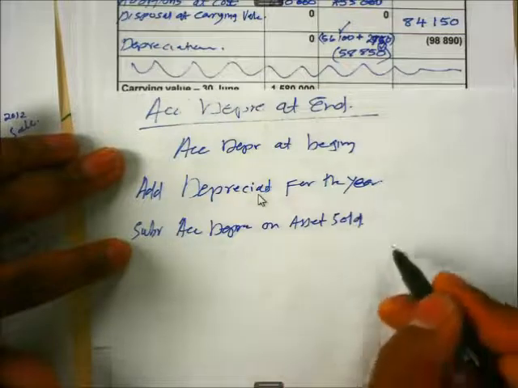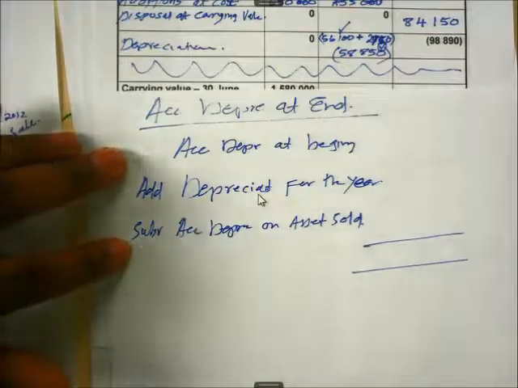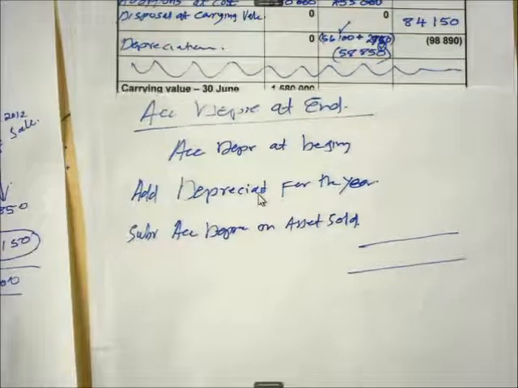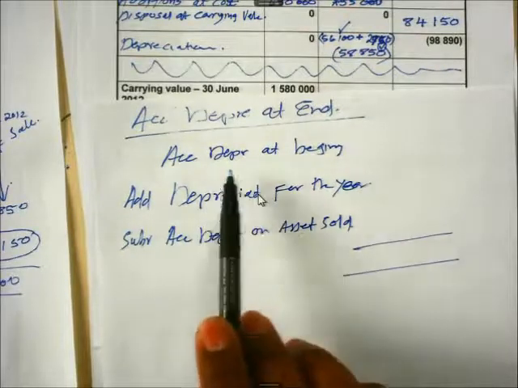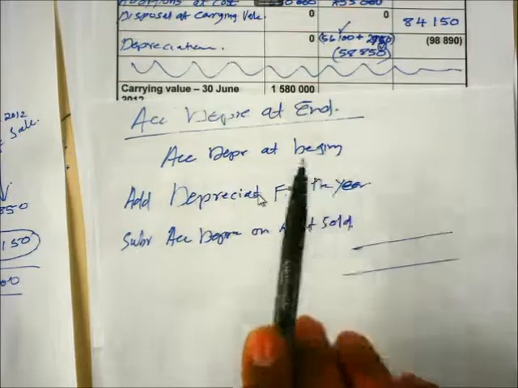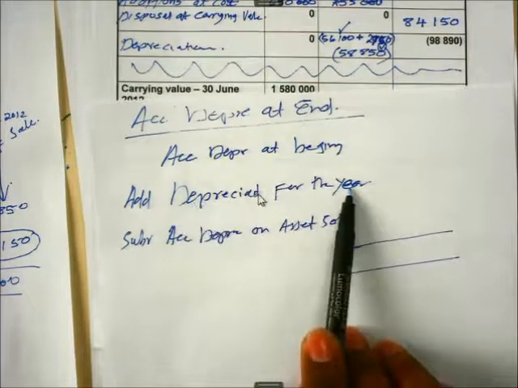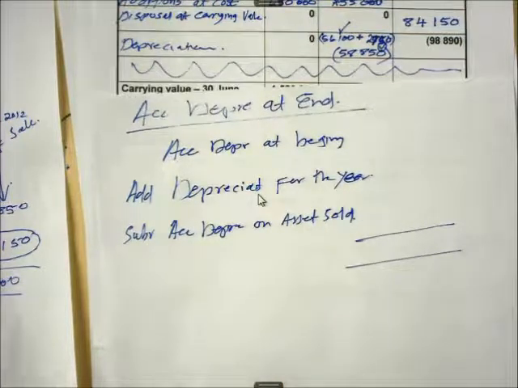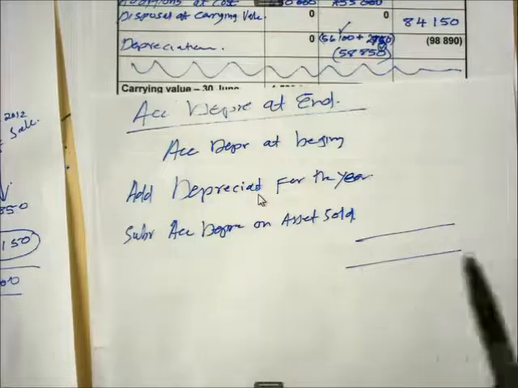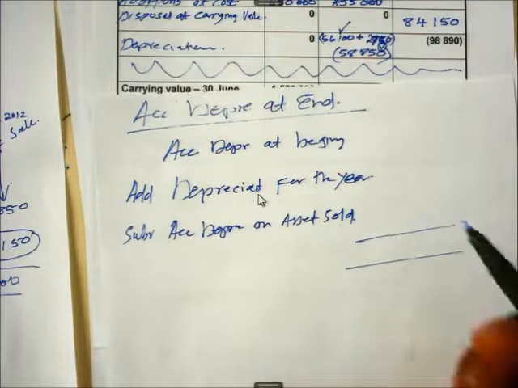This will give you your accumulated depreciation at the end of the year. Add depreciation for the year, subtract accumulated depreciation on assets sold, if an asset was sold. If it was not sold, then you will not have any value there.